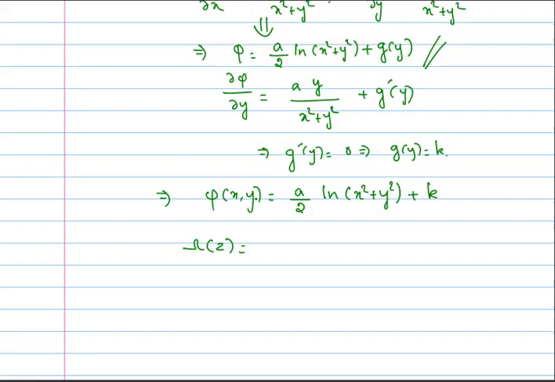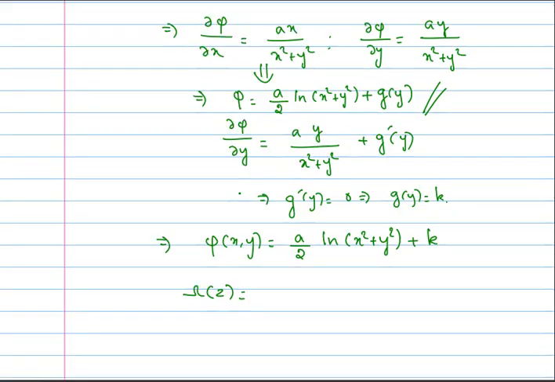Now I want to find omega of z. How can I find omega of z? If we use the Milne-Thomson rule, you will get a divided by z plus 0, that is i times 0 times dz.